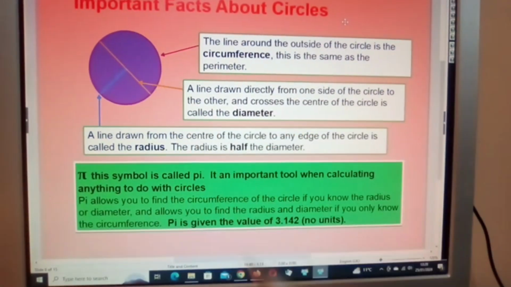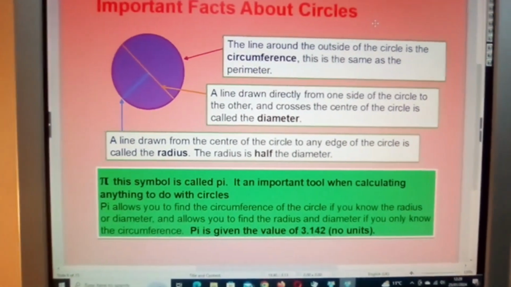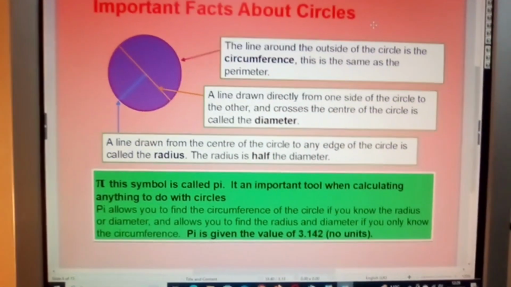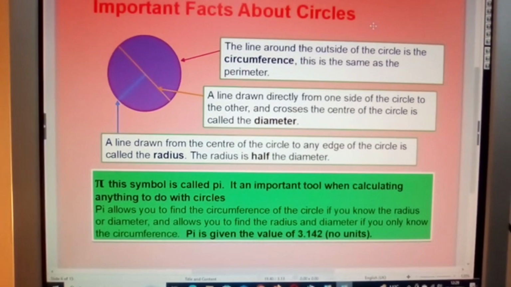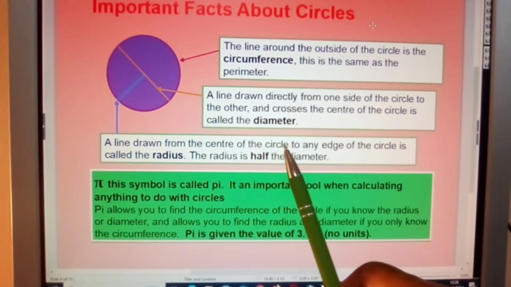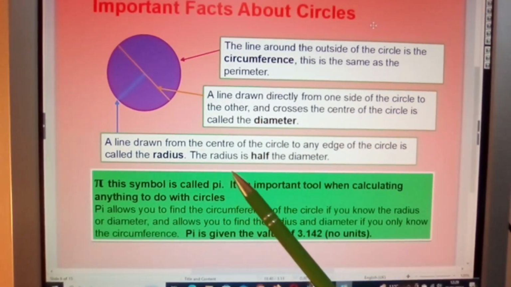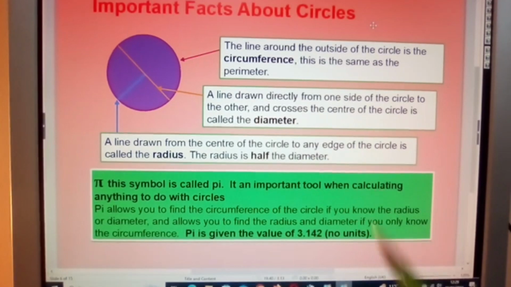And here you have your diameter. A line drawn from the center of the circle to any edge of the circle is called the radius. The radius is half the diameter.